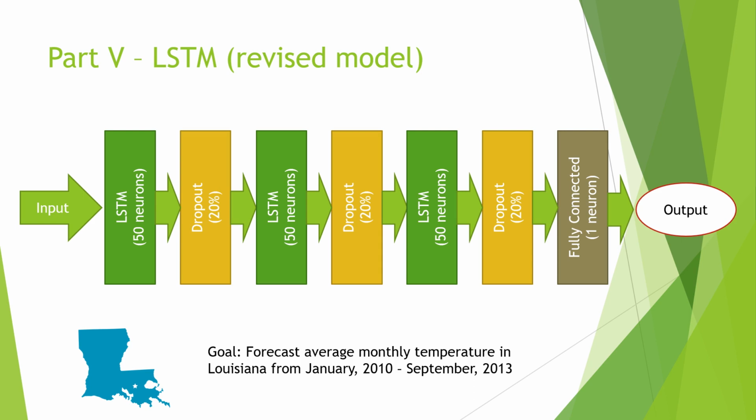The final change I made was I increased the number of training epochs from 10 to 50. So this model took quite a bit longer to train than the initial model.